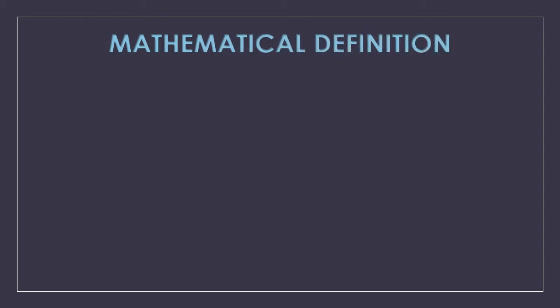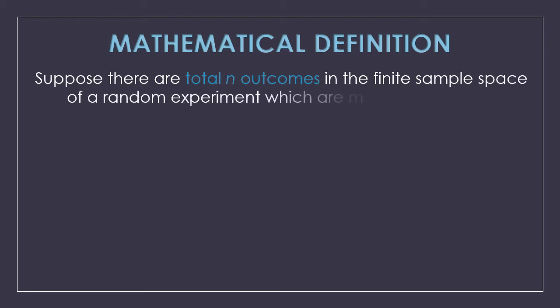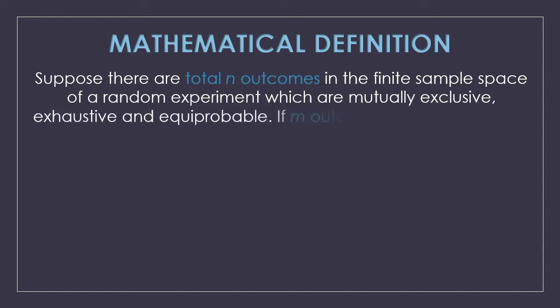It's a bit longer, but you need to remember the definition verbatim as it is written. Suppose there are total n outcomes in the finite sample space of a random experiment, which are mutually exclusive, exhaustive and equiprobable.